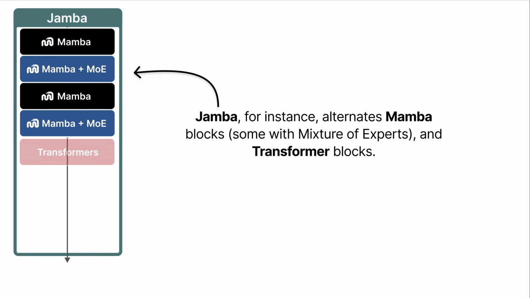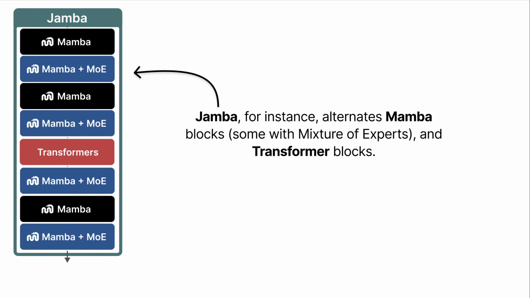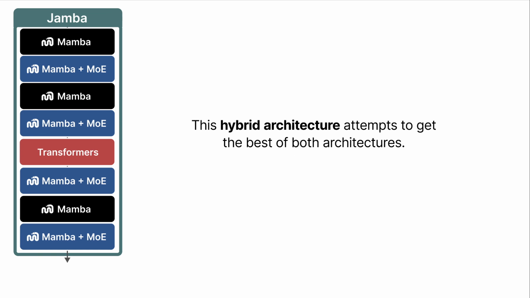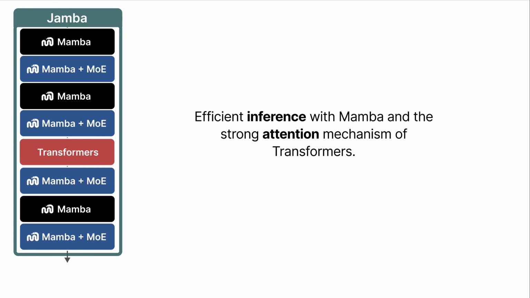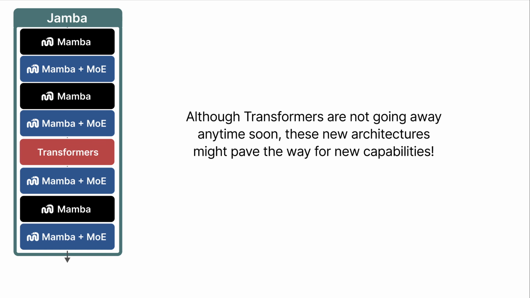Jamba, for instance, alternates Mamba blocks, sometimes mixture of experts, and transformer blocks. This hybrid architecture attempts to get the best of both architectures: efficient inference with Mamba and a strong attention mechanism of transformers. Although transformers are not going away anytime soon, these new architectures might pave the way for new capabilities.